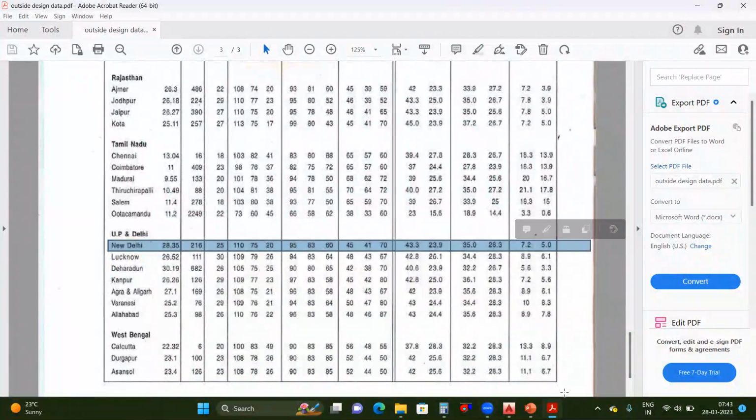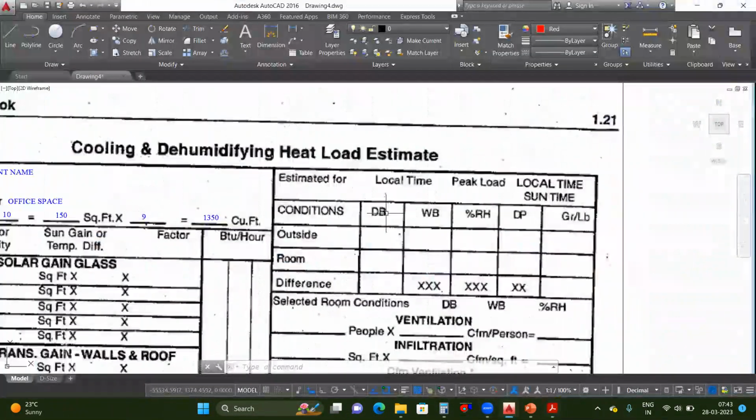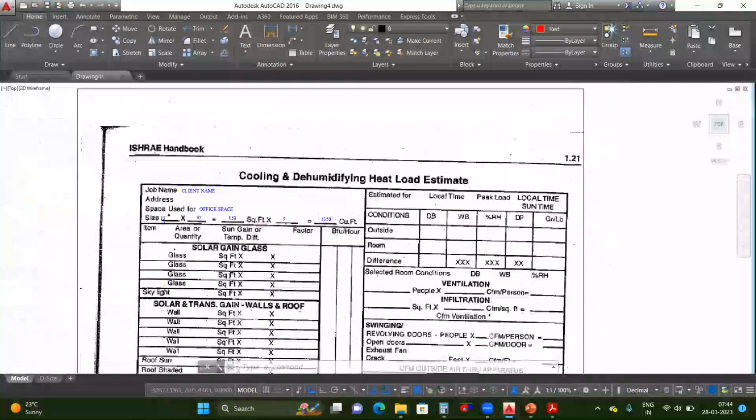What we require here is dry bulb temperature, wet bulb, RH, DP meaning dew point temperature, and humidity ratio. So learn these short forms. DB means dry bulb, WB means wet bulb, RH means relative humidity, DP means dew point temperature, grains per lb means humidity ratio. Remember all these full forms.